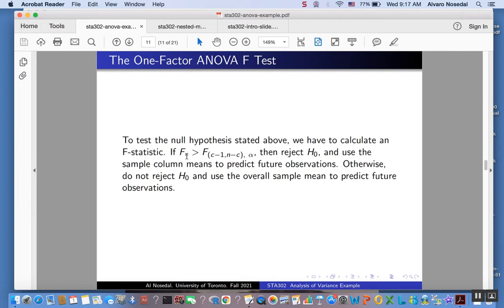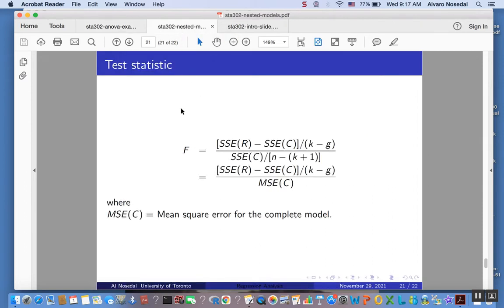Let's try and see if we can make sense of this situation using our partial F test. Remember that we talked about that? When we talked about partial F tests for nested models, we had this test statistic, which we know has an F distribution.